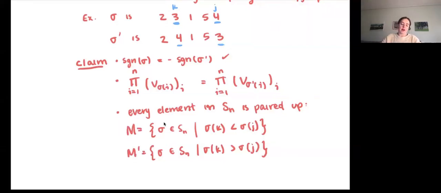My claim is that the function P from M to M prime, sending an element sigma in M to the element sigma prime of M', just obtained by switching the jth and the kth elements, is a bijection.